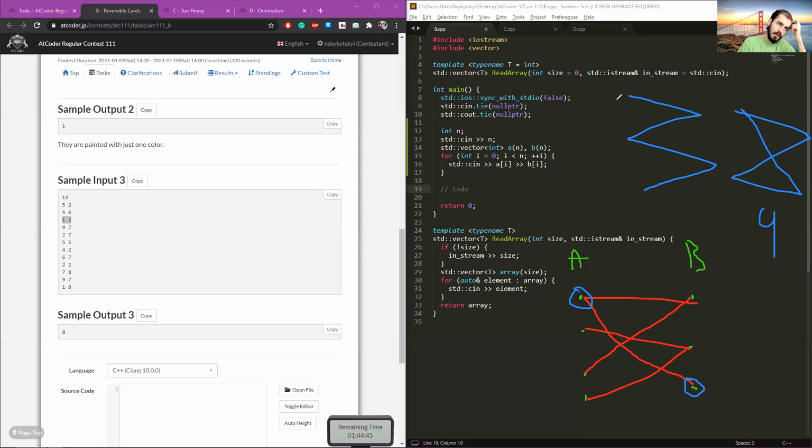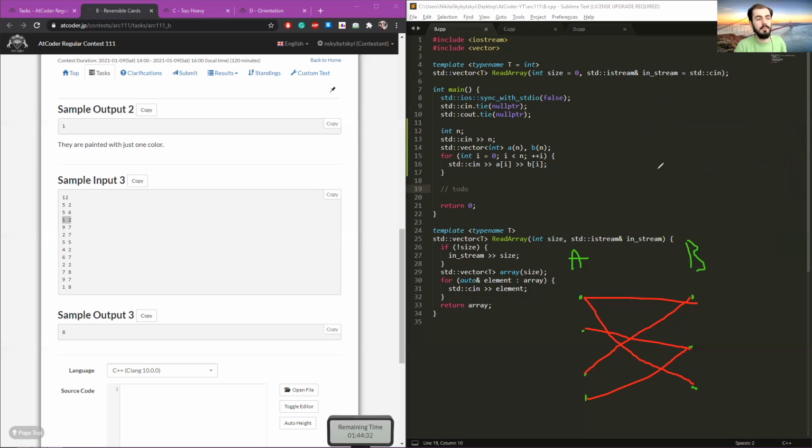But it's still complicated if we have several such things with different numbers. Oh, okay. What if we ignore the fact that it's bipartite, right?